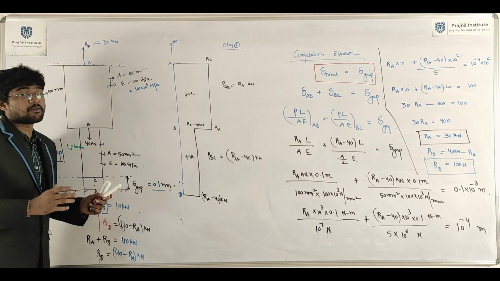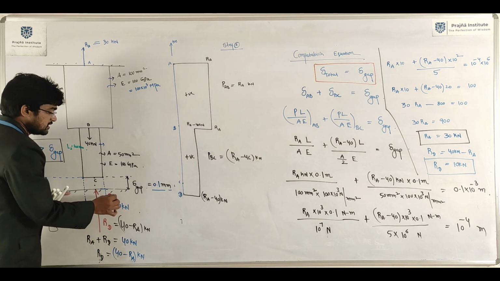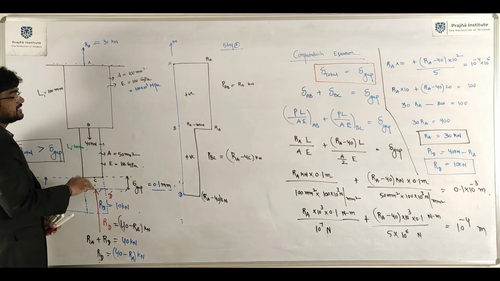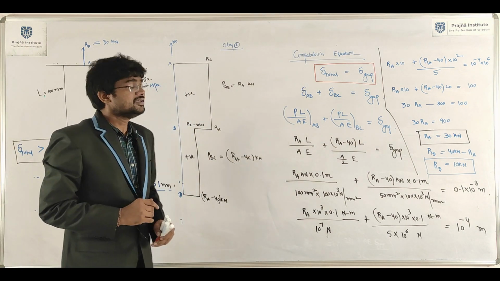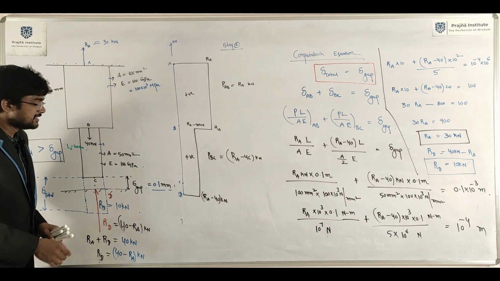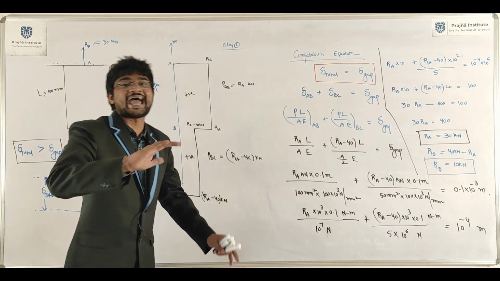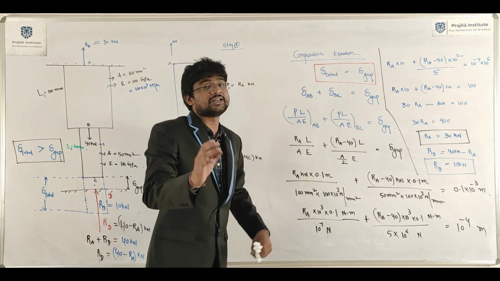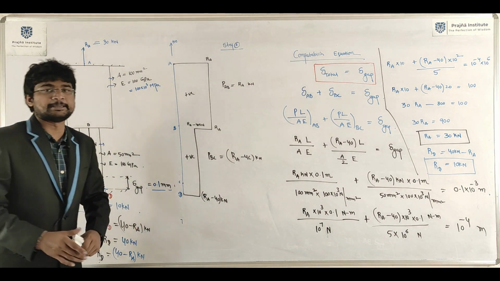Total deformation in the compound bar is allowed up to delta gap. After that, these supports are not allowing deformation in the compound bar. That is the meaning of compatibility equation. If both ends are fixed, these fixed ends are not at all encouraging any axial deformation in the compound bar. That means delta total equal to 0 when two ends are fixed.